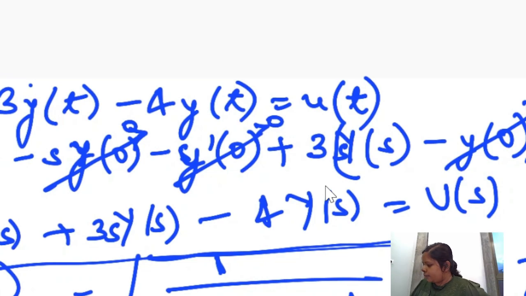Now if you have 1 upon (s plus 4) into (s minus 1), how can you write it as A upon s plus 4 and B upon s minus 1? Please find the values of A and B.